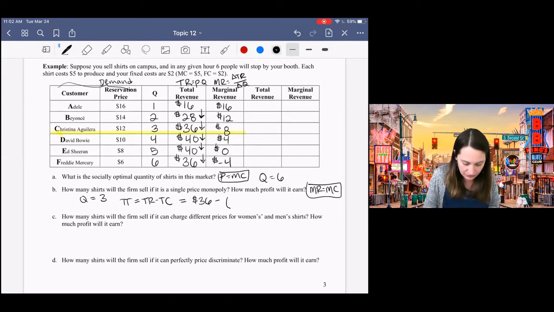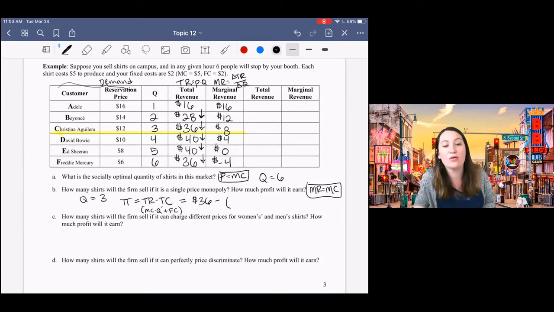Our variable cost here is the marginal cost, which is constant, and it's always going to be constant in these problems. So your total cost you can always calculate as your marginal cost times your quantity plus your fixed cost, because I'm always going to give you a constant marginal cost in this example.